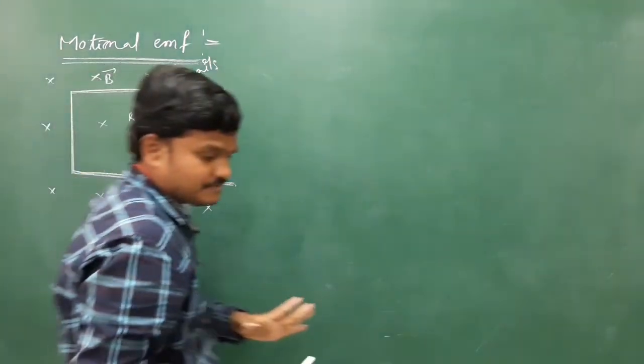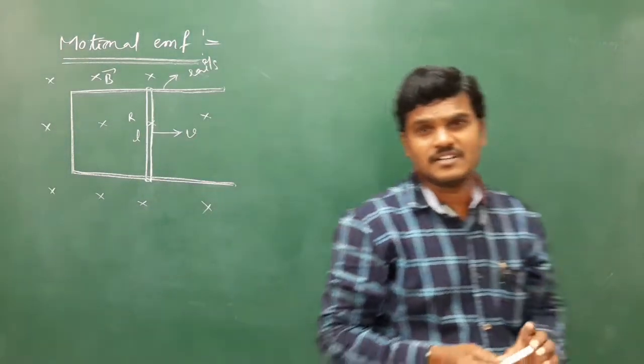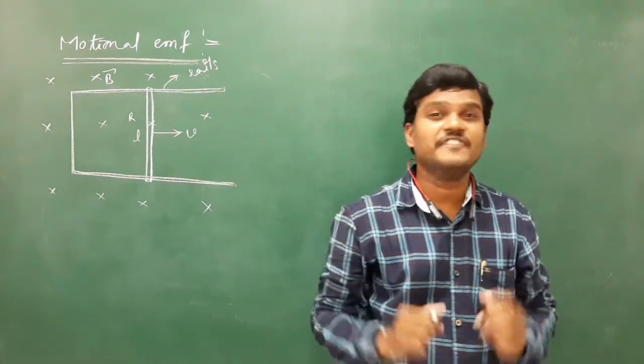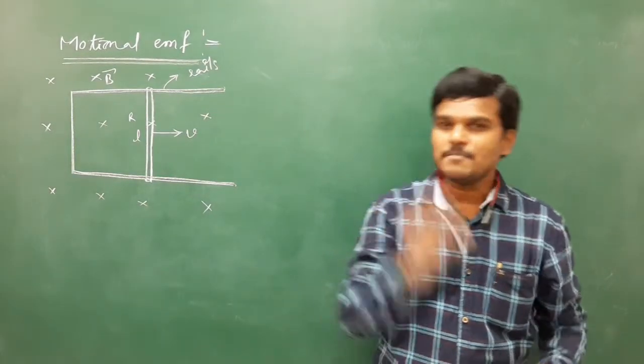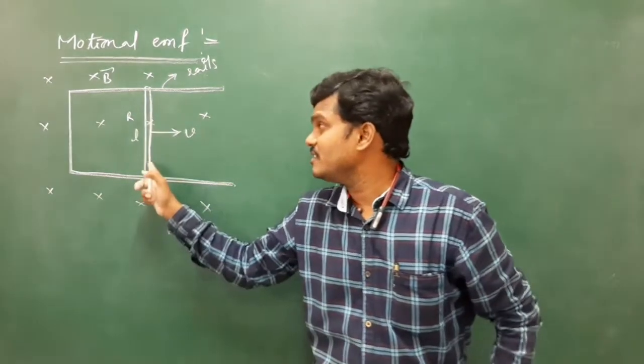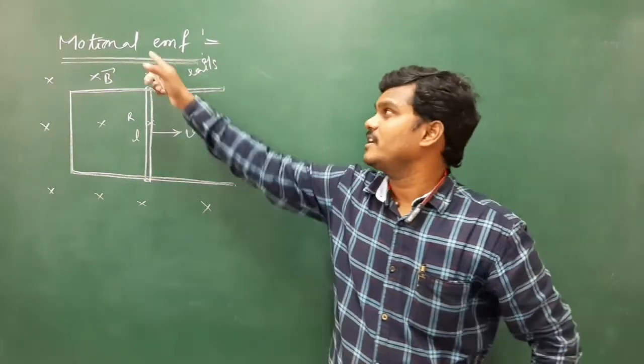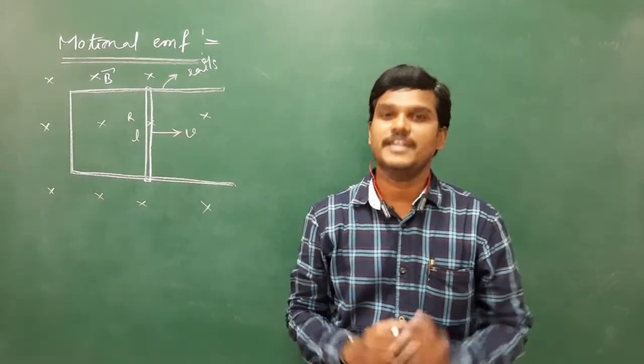So whenever a moving conductor cuts the magnetic field lines, then some EMF is induced in the rod, and that EMF we can call motional EMF.